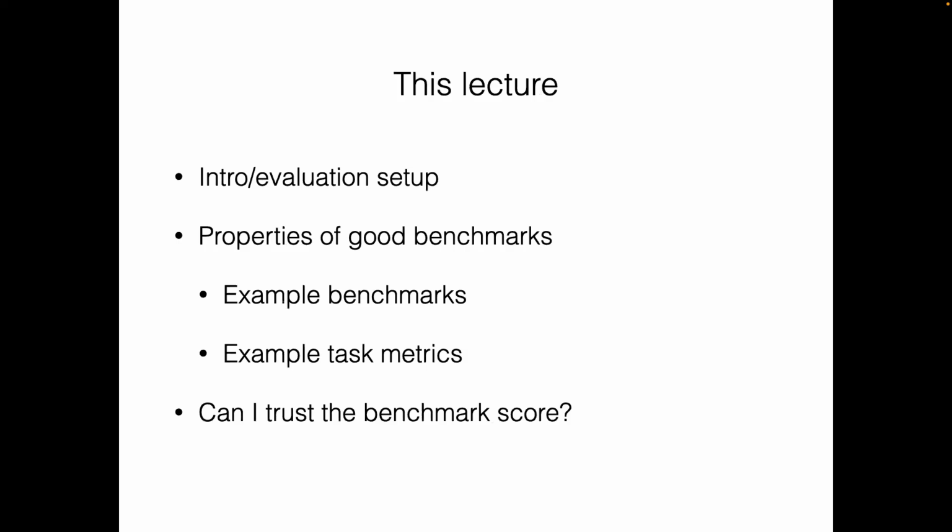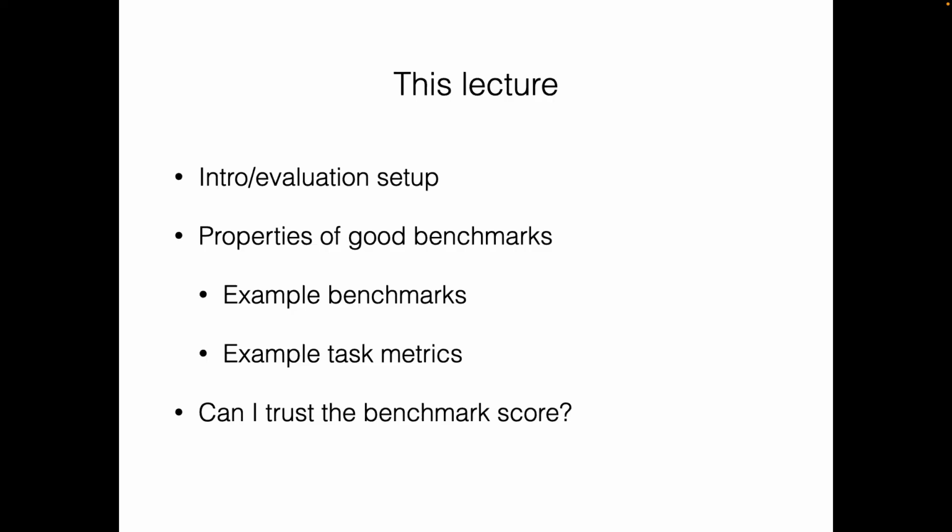So with that setup, now we will have two different parts of the lecture. First, we'll go through some common benchmarks that have been developed recently, and we'll mainly focus on ones that have to do with language models. And along the way, we will talk about some properties that you might have in a good benchmark.